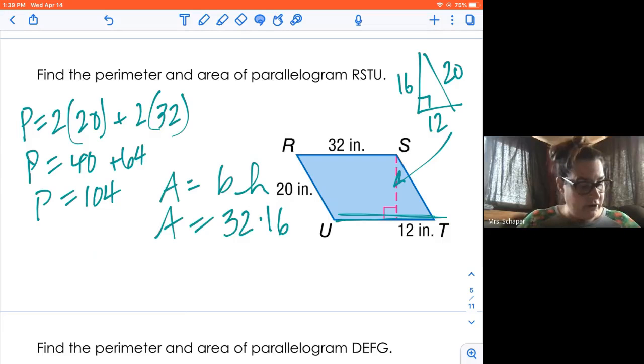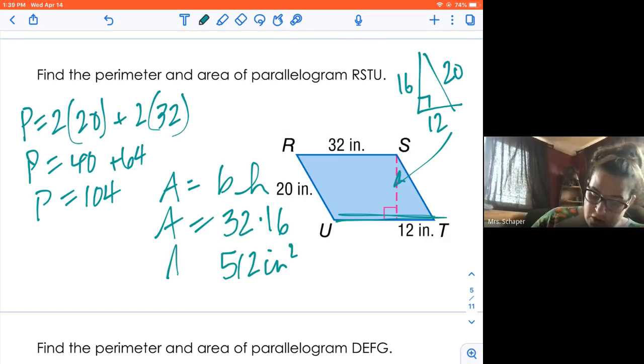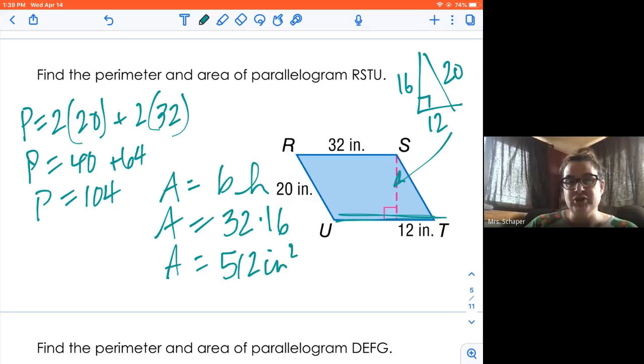I've got 32 times 16 is 500, oops, wrong one, 512 inches squared. So instead of giving you the height and the base, we're giving you other information, and you need to work toward getting the information you need for that parallelogram. Here we used the Pythagorean theorem, or I knew it was a Pythagorean triple, so that worked.